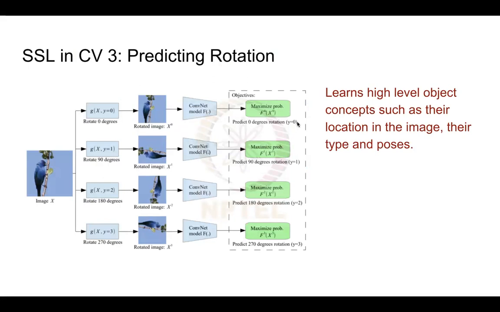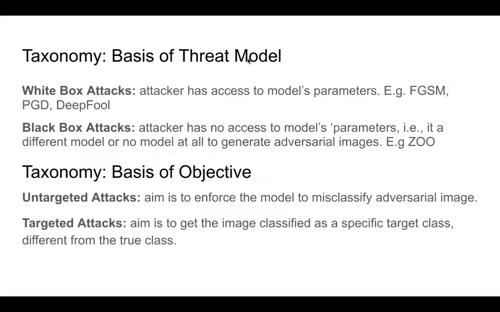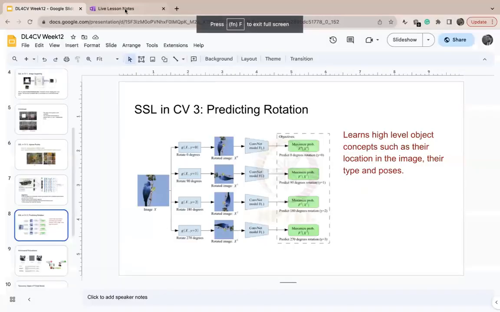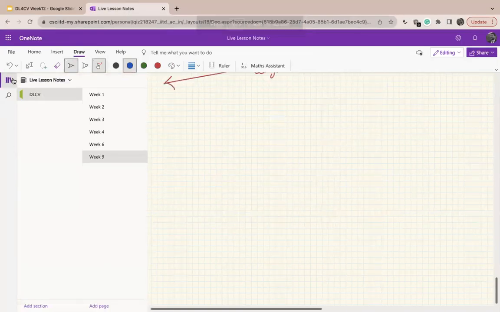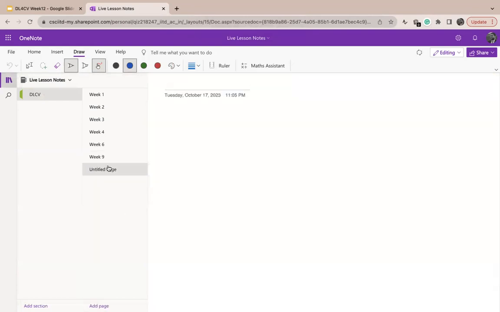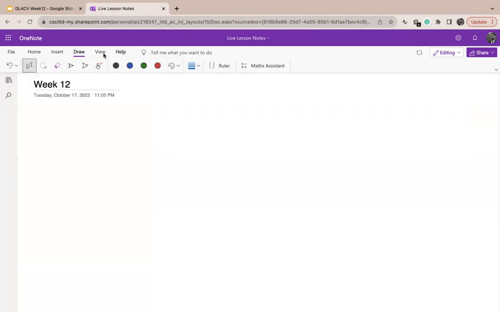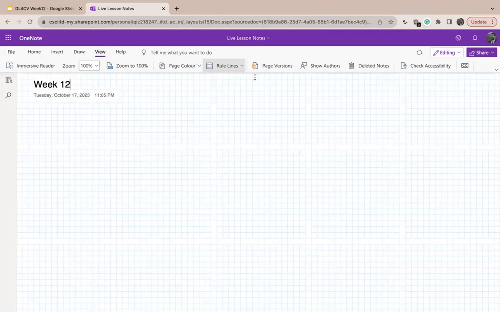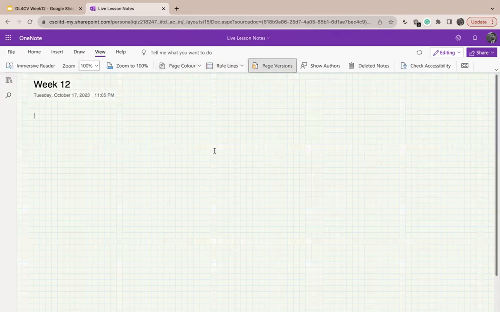To explain this, I'll use my lesson notes. This is week 12.